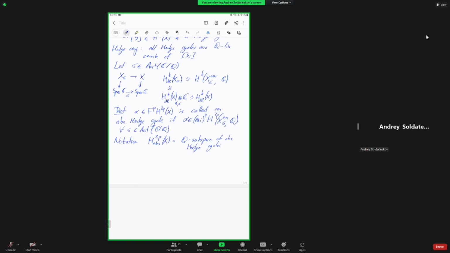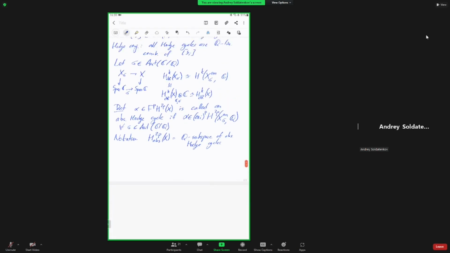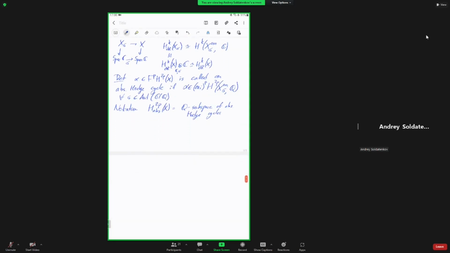And so what does the Hodge conjecture tell us? In fact, if we believe in the Hodge conjecture, then all these Hodge cycles come from subvarieties. But then if a Hodge cycle comes from a subvariety, and we apply this conjugation procedure, then we can also conjugate the subvariety. And so then it is clear that the cycle remains Hodge.